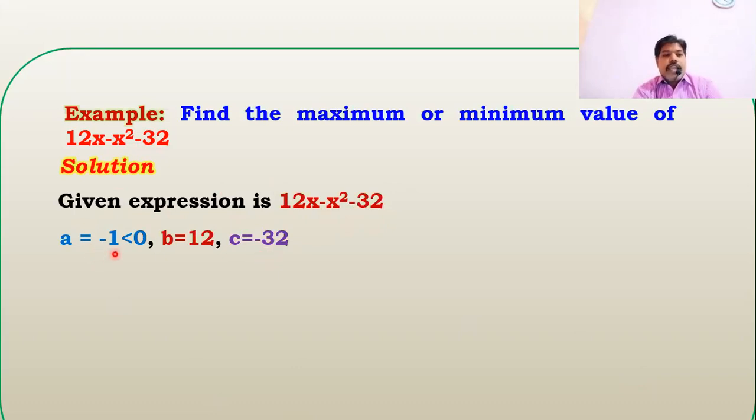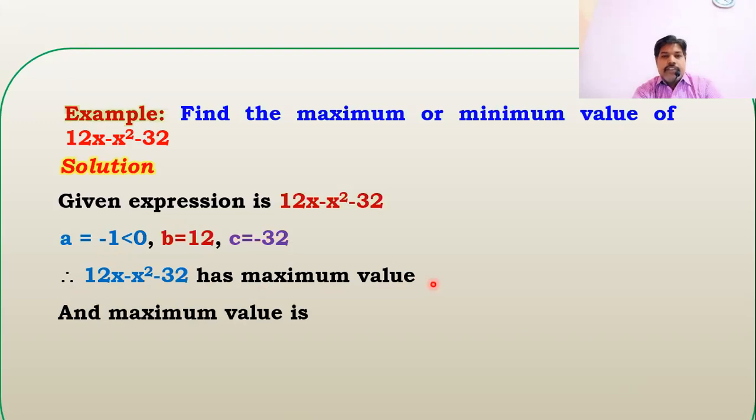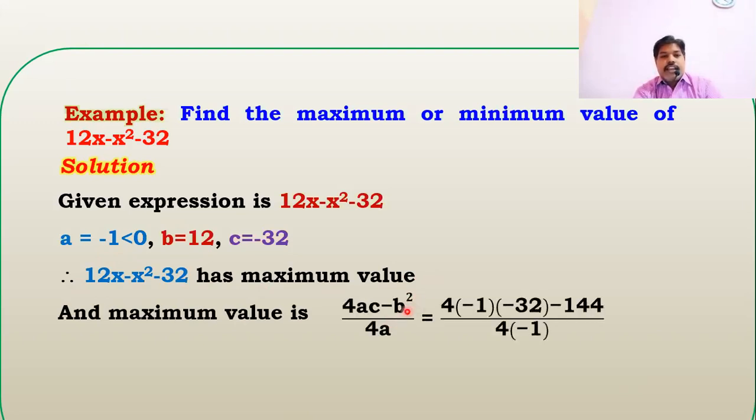So if a is negative, the given expression has a maximum value. So what is the maximum value? It is (4ac minus b square) by 4a. So that is 4 into minus 1 into c, the c value is minus 32.